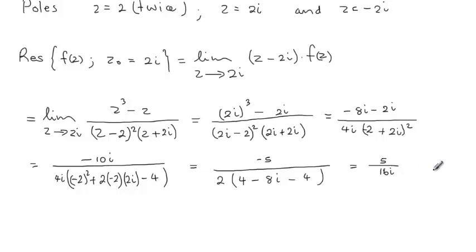This we can simplify if we want to migrate this to the form a + ib, which is the rectangular form of a complex number. We can then multiply 5 over 16i by 1, which is written in terms of i over i, which will give us −5i over 16.